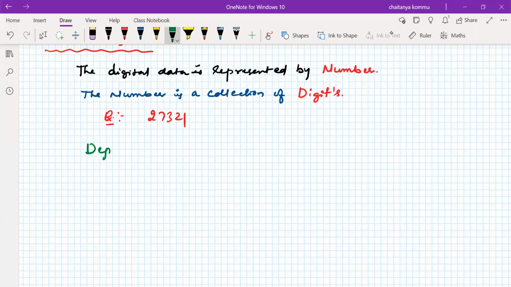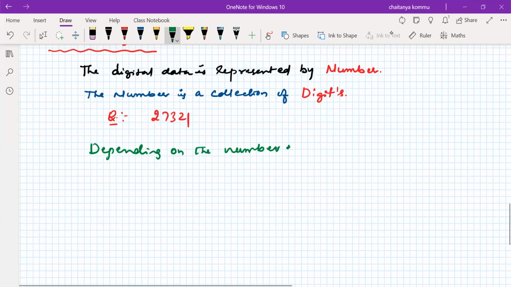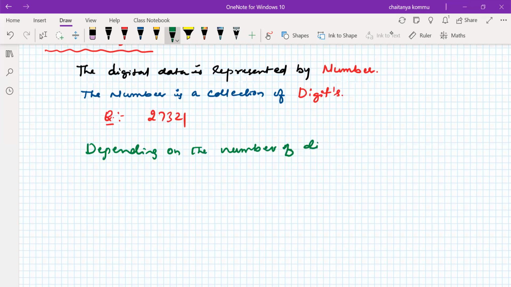Depending on the number of digits, the number system is defined.